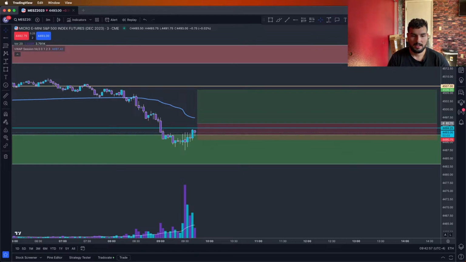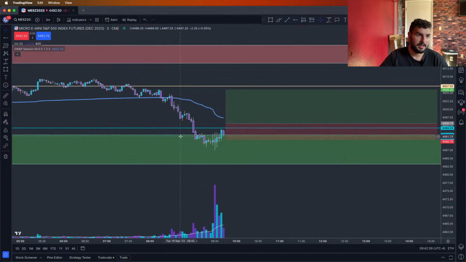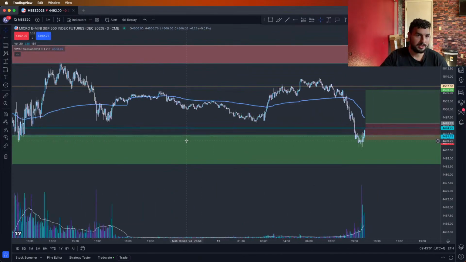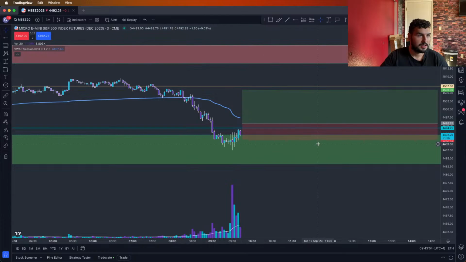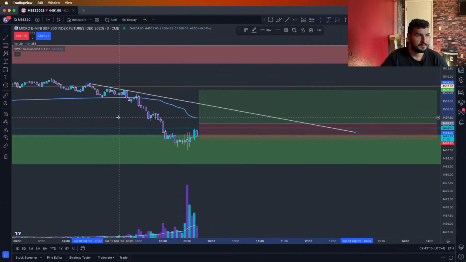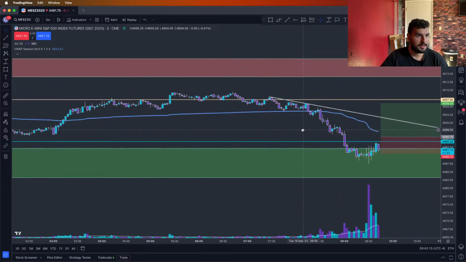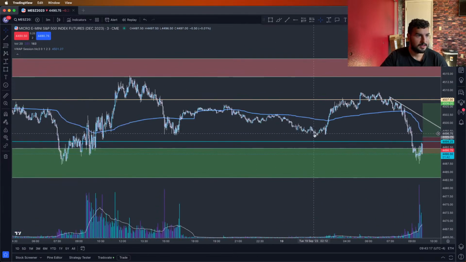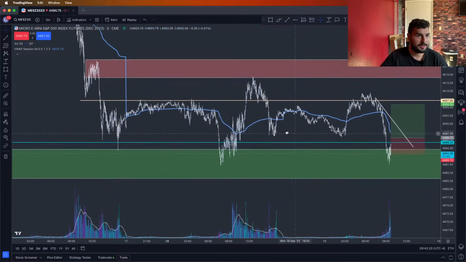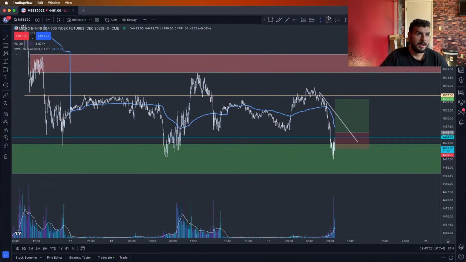Let's see. So right now we're just in between this trading range. See if I can identify. We're in a downtrend so far it looks like, but it's more like a chop, because we went like this, like that.